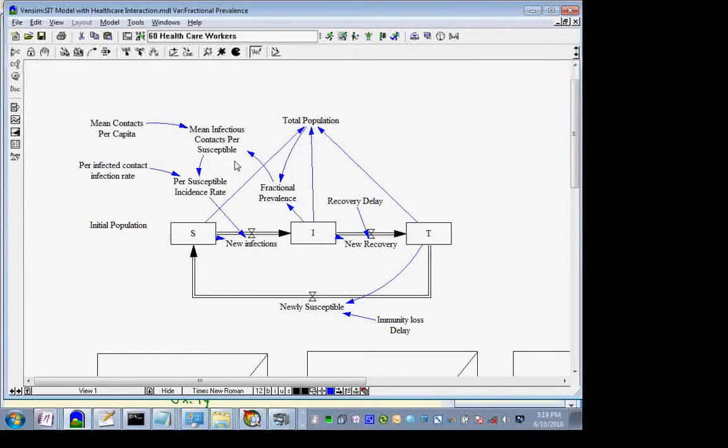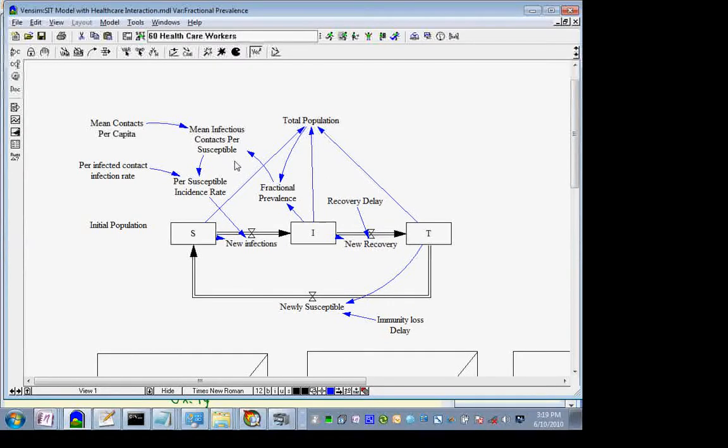Let me ask this. This is one way to think about it. If I were to change the unit of time, say let's measure this in months instead, would I have to change the value of C? How many people per unit time someone comes into contact with? If I were to measure time in months rather than days, would that change the value of C numerically?